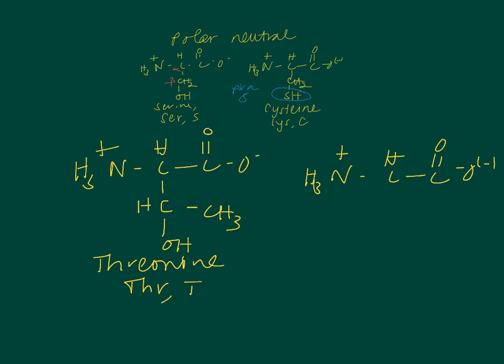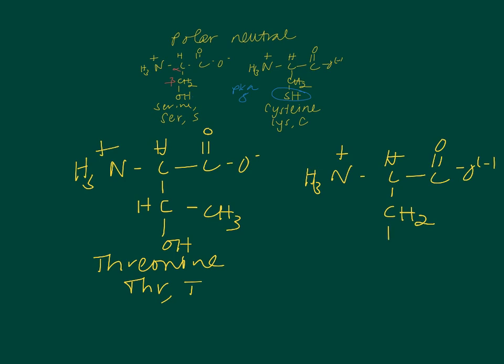The reason cysteine is here in the polar neutrals is because at pH 7 it has no charge. If we go above a pH of 8, then it gets charged. So again, that's why it's in the polar neutrals, because at pH 7 it has no charge. Okay, and then the last two here are very similar to each other.